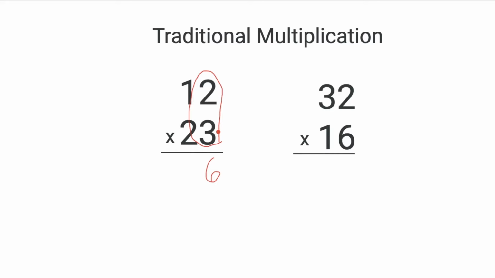And then you're going to go diagonally and multiply 3 by 1, which is 3. You're going to write that down here. So now we have 36, but we still haven't used this 2 over here, this 20 from 23.